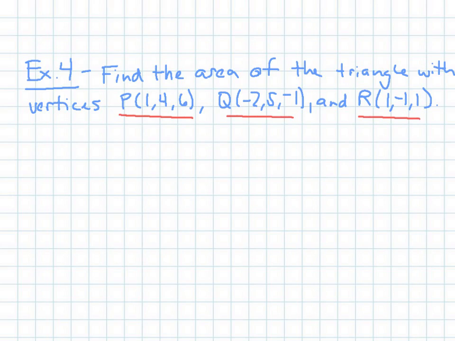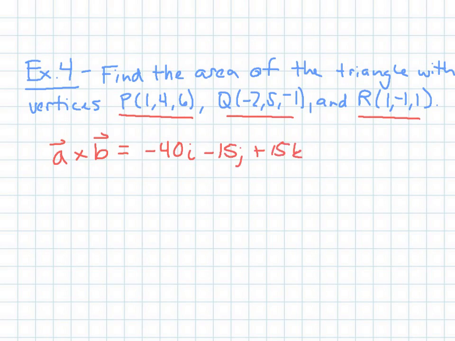So if I want to find the area of a parallelogram, I just need to find the magnitude of the cross product, but we already found the cross product for this one. It was the negative 40i minus 15j plus 15k.